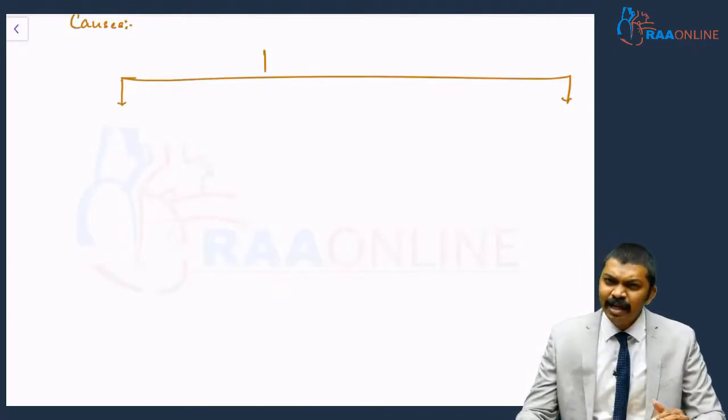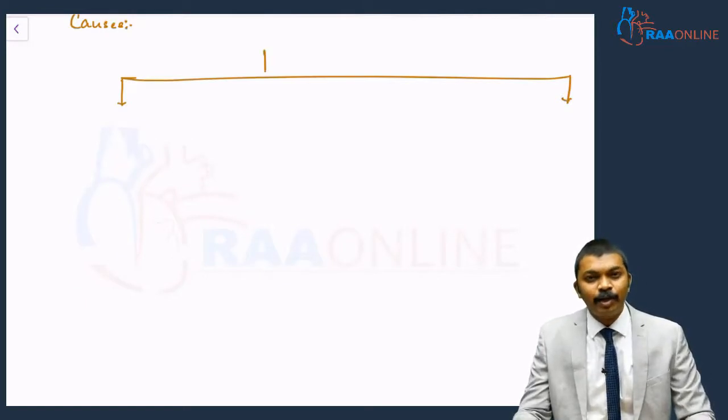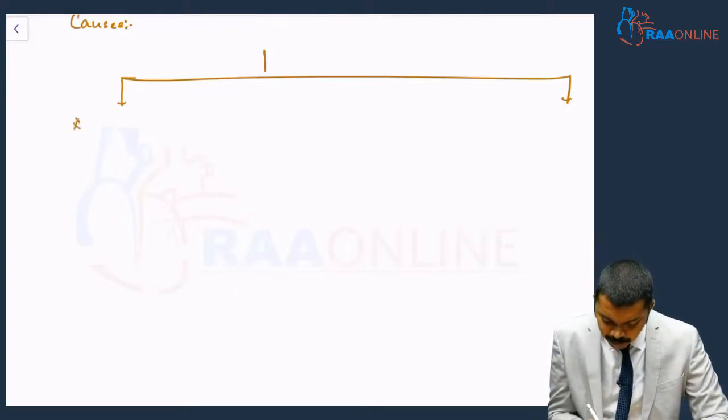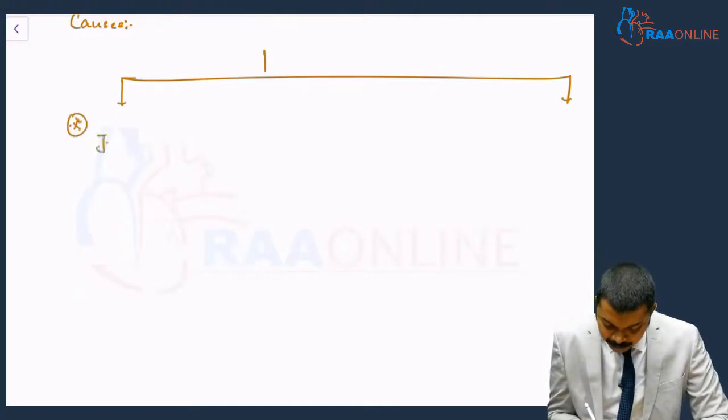And with a sustained increase in parathormone level, you know what will happen? It's going to act on osteoblasts in a different manner. There is going to be cytokine production, osteoclastic activation and bone resorption. So the most predominant cause of hypercalcemia is hyperparathyroidism.